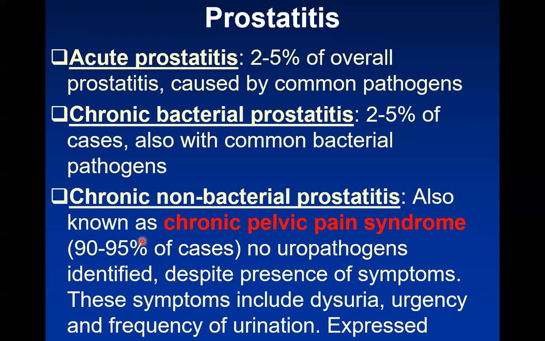Also, there are some hormonal imbalances that are going to be kicking in to result in this kind of presentation. And everything could be taken back to the fact that it started and was not treated adequately, or was maltreated with the wrong antibiotic, for example, and it became eventually a chronic bacterial and then eventually chronic non-bacterial prostatitis. The patients are going to present with dysuria, urgency, and frequency of urination.